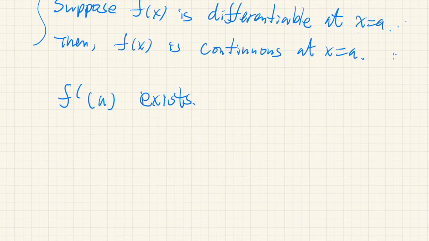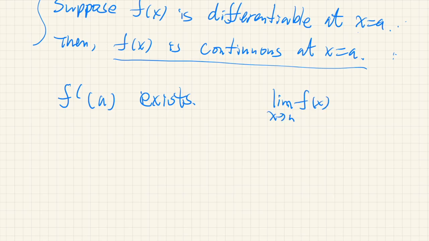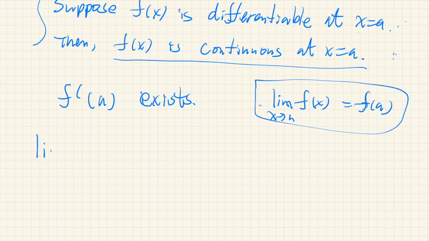Now, in order to show that f of x is continuous at x equal to a, we need to show this limit, f of x as x goes to a, is equal to f of a, right? So this is our goal. So let's try to calculate this limit. And so how do we do that?